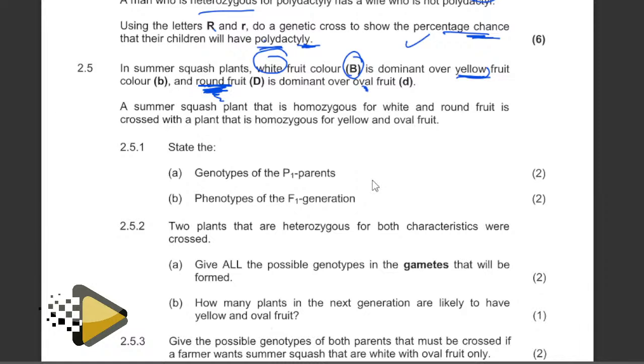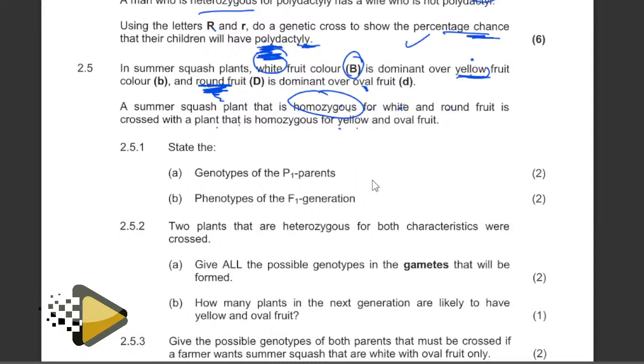So this is dominant, white over yellow. Okay, now let's start. Summer squash plants that are homozygous for white and round are crossed with a plant that is homozygous yellow. Remember, yellow is recessive, and white is dominant.